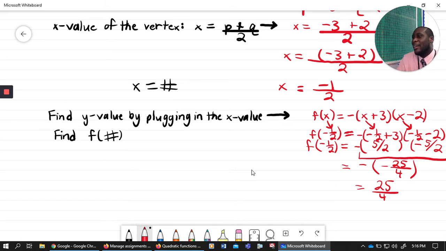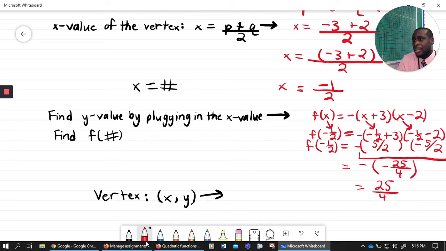So after we've identified exactly what that y value is, we know that the vertex is going to be written in the form of an ordered pair, x, y. So after we identify the x and the y value, then we can write out our vertex in the right form.